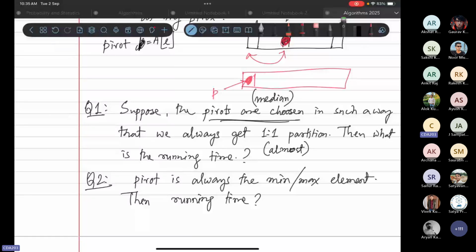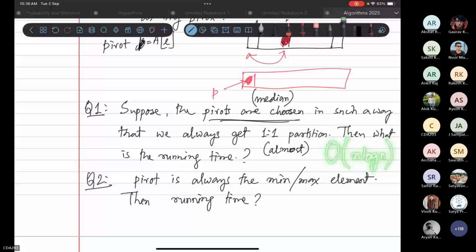The question was, if I choose a pivot element in such a way that it gives me a roughly equal partition, then we know that this is exactly something similar to merge sort, and for that, n log n is the running time.